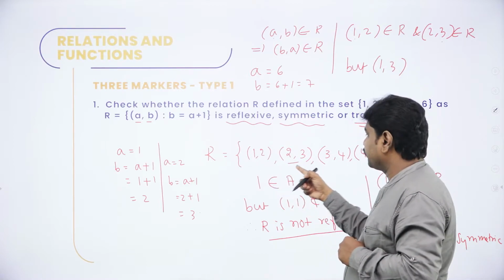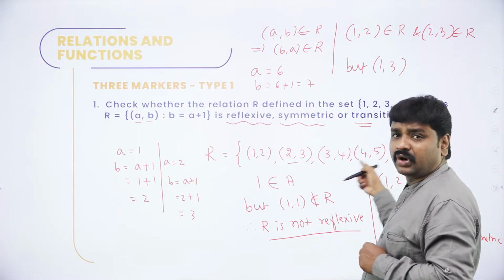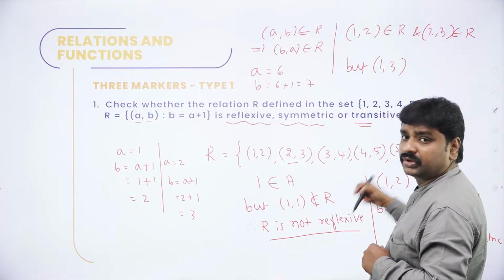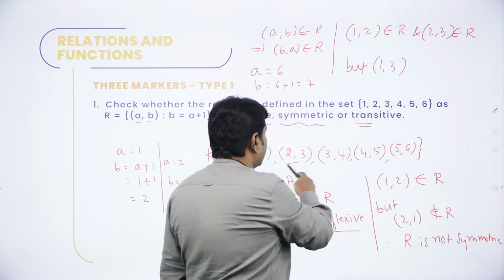Search for (1, 3). Do we have (1, 3)? We don't have (1, 3) in the relation, if you observe. In the whole relation we don't have (1, 3).